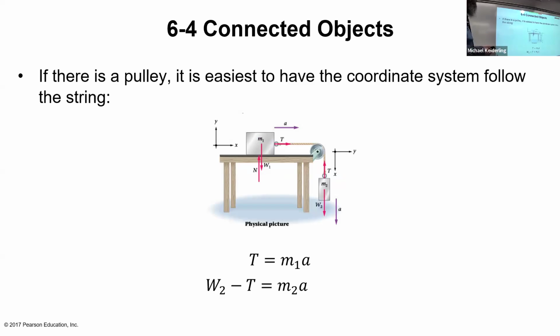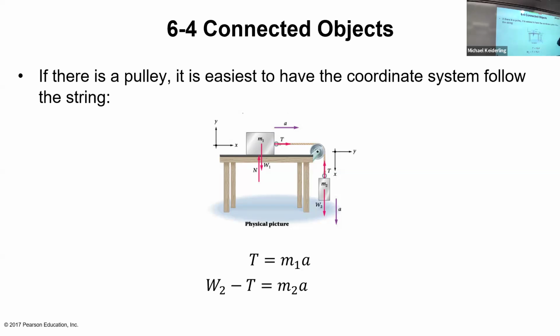Then sometimes you have a pulley that redirects force, or tension, around a curve or around a corner. The easiest way to deal with this is to just have the coordinate system follow the rope. So you say, okay, for mass 1, x is across the table. But for mass 2 here, x is down. So acceleration is the same in both of these.